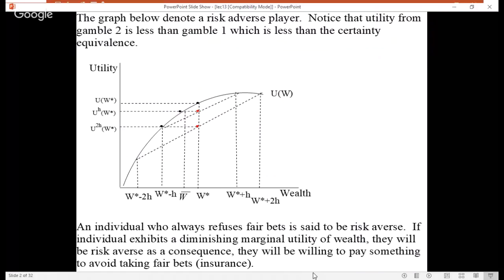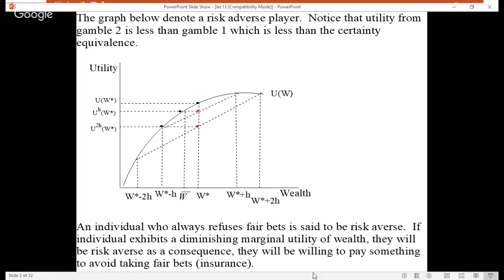So between here and here, my expected utility would be below my actual utility. If I take W star, my utility is up here, but if I take this gamble, my utility is here, the expected utility of the gamble.